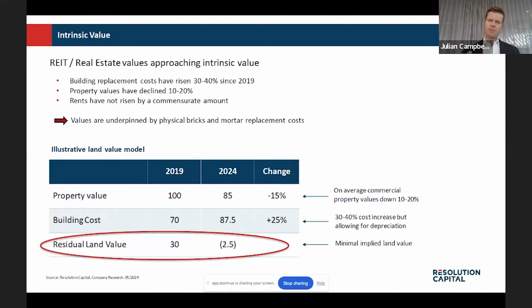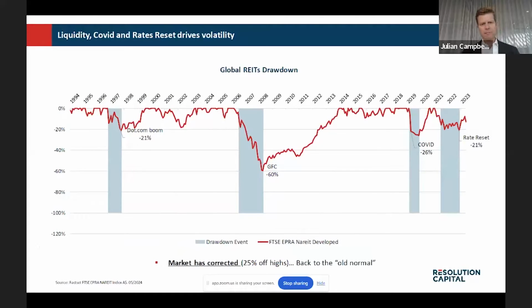So when we look at a simple model of real estate where land is about 30% of total value, you're really not paying anything on average for the land, given those dynamics of high construction costs and a reduction in property values. So we think this helps to underpin the value of the sector in that it's trading around those physical replacement costs. And that will really help to underpin the returns for the sector.